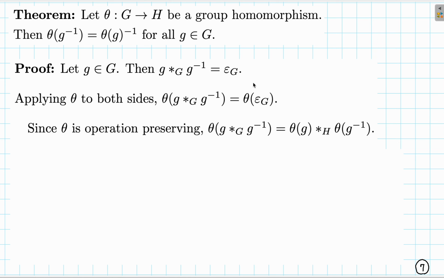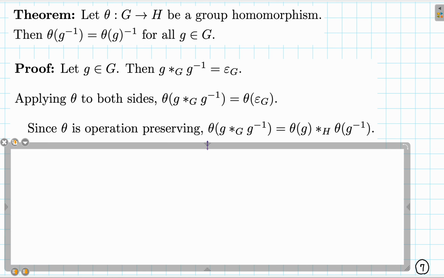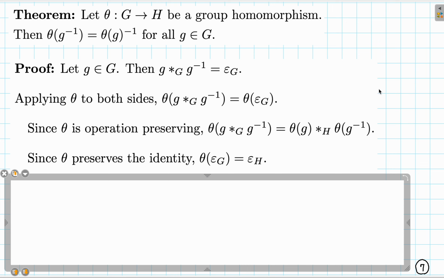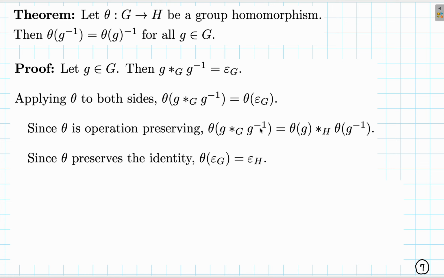And then on the right-hand side, since theta preserves the identity, in other words, it maps the identity of the domain to the identity of the codomain, theta of epsilon G equals epsilon H. And therefore, we can take this equality, replace the left-hand side with this expression, and then replace the right-hand side with that expression.